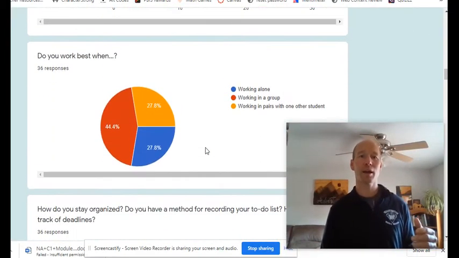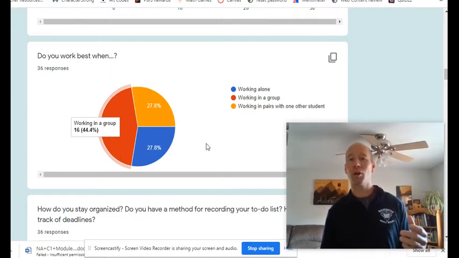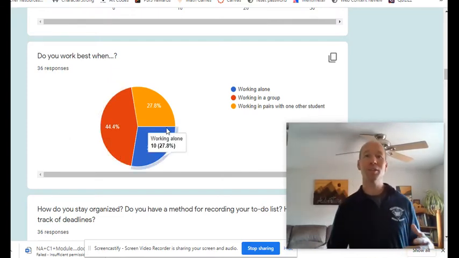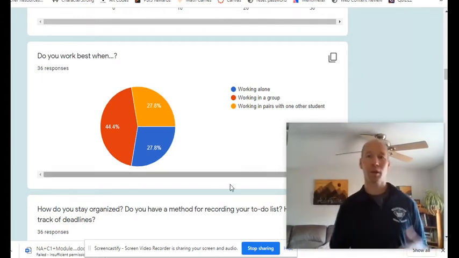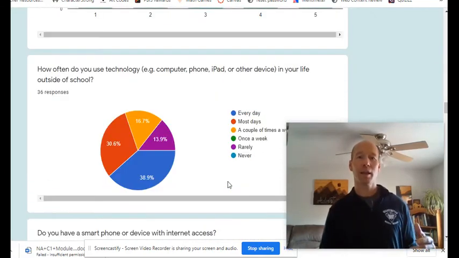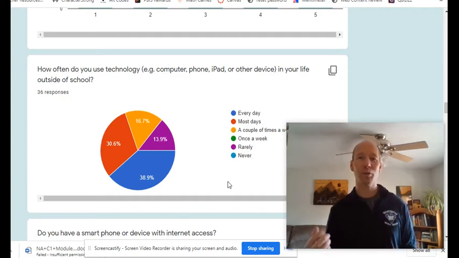Then we had a question, do you work best when? 44.4% said working in a group. And then it was an even split between working alone and working in pairs with another student. We had this question. How often do you use technology outside of school in your life?